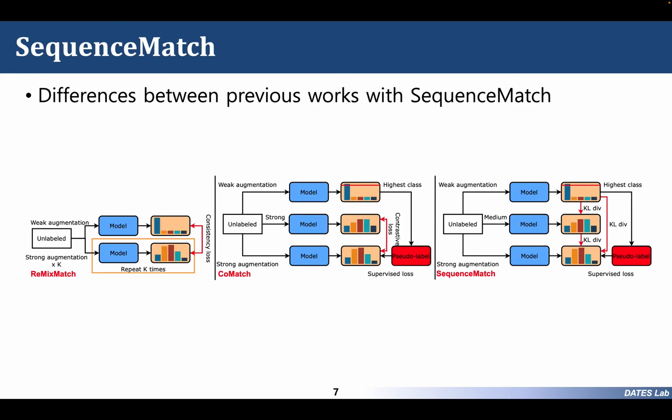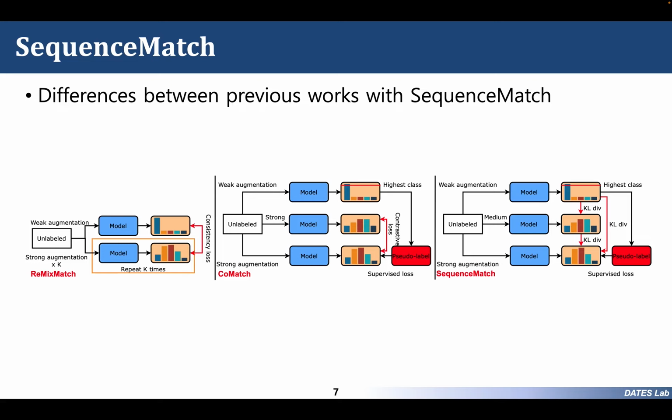Previous work suggested ReMixMatch, which introduces K strongly augmented versions and calculates the loss between them, which causes a large overhead in computation and memory consumption, as we show in the left figure. And CoreMatch has the same approach as ours. However, they used two strong augmentations and enforced contrastive learning between those two strong predictions.